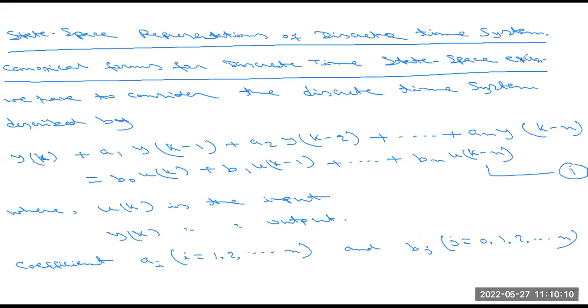Okay, so this is basically the general form of the canonical form of the discrete time state space equation.